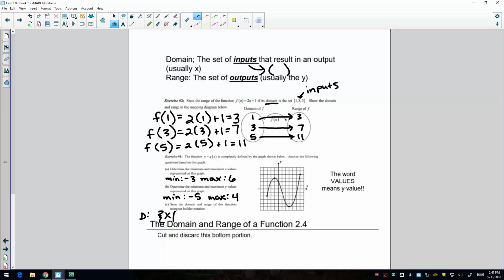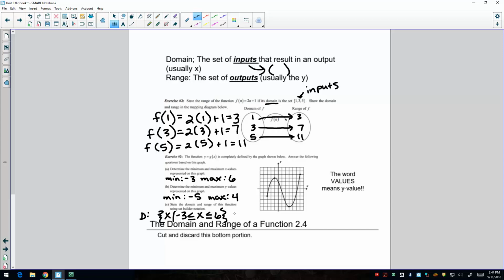So this says my domain is x's such that, and I want to say that my x's go from -3 up to 6. The lowest it goes is -3, so it's greater than or equal to -3, but it's less than or equal to 6. And I have to have the equal to's because it actually equals -3 and it equals 6.